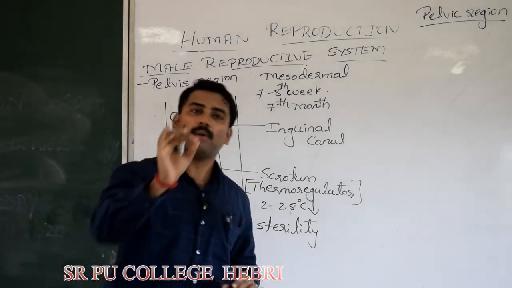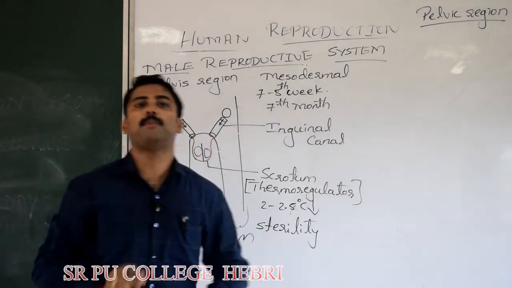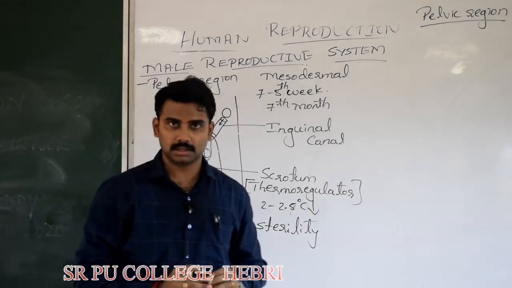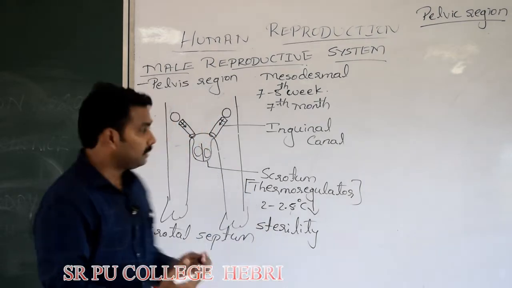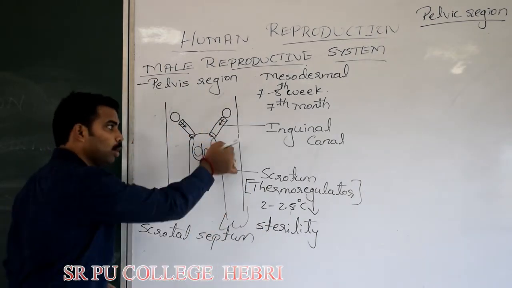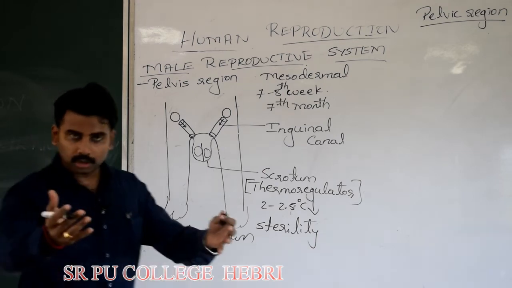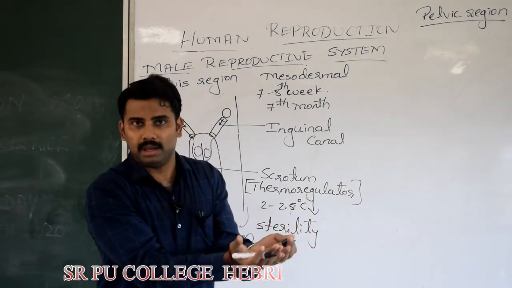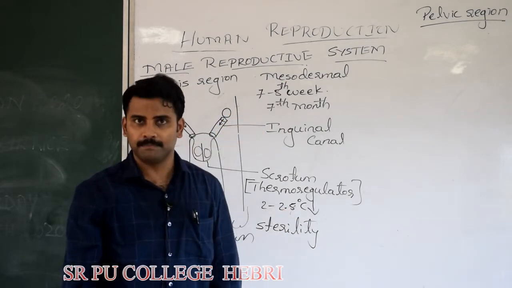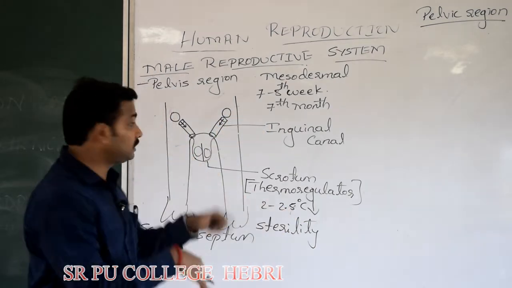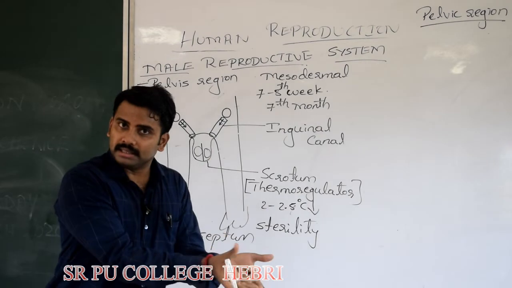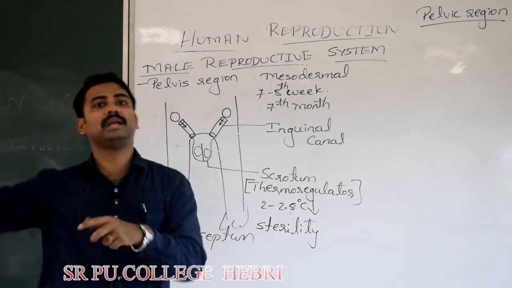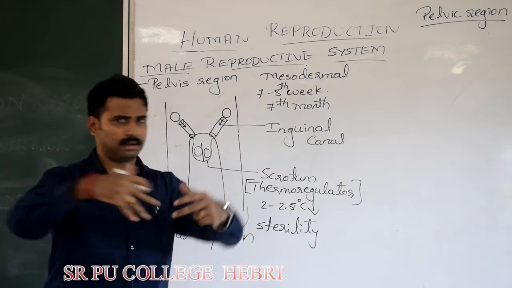That's it. I want to share with you one important neat point. In some rare clinical cases, the testis may fail to move down. A doctor may observe in a newborn male baby that when you check the scrotum, the testis is missing. Either one testis or both may be missing, unilateral or bilateral, leave that.